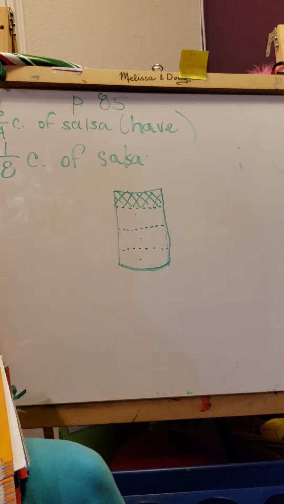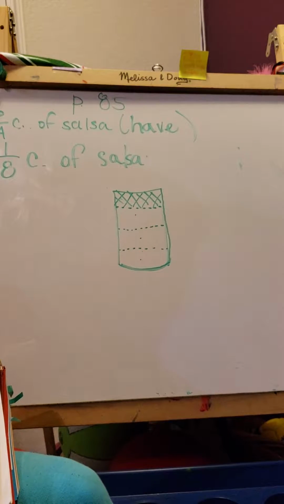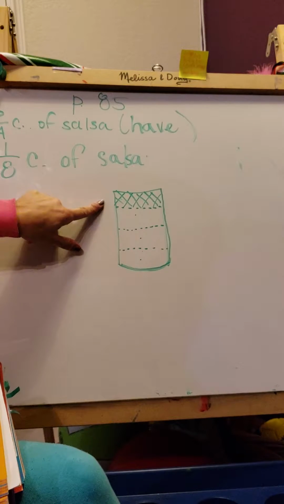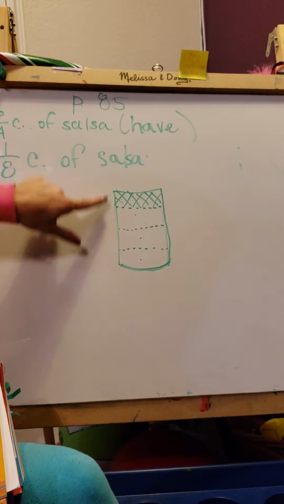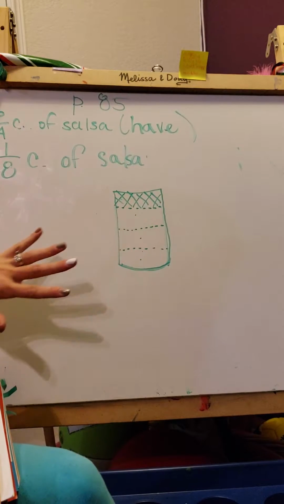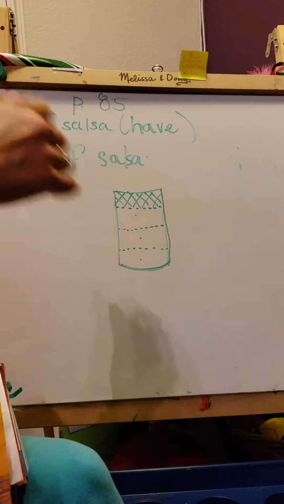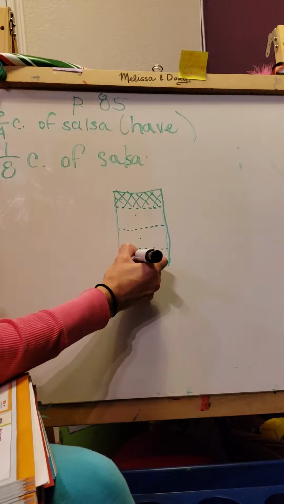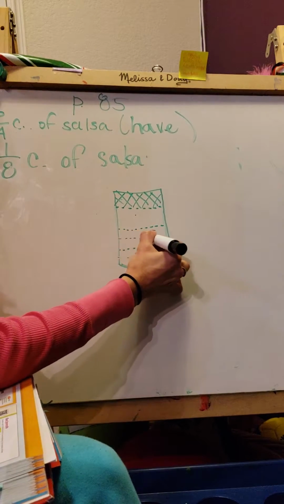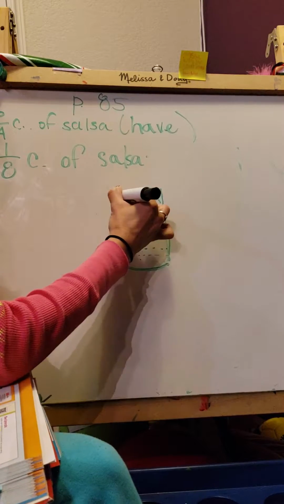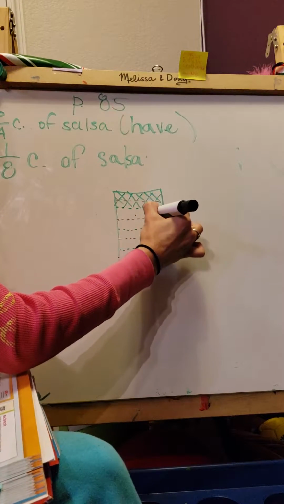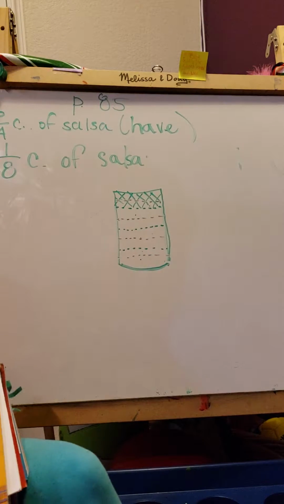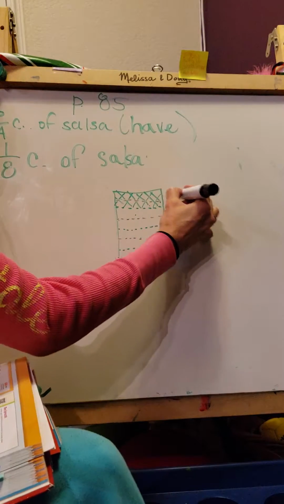And each burrito takes 1/8 of a cup of salsa, and we want to know how many burritos we can make. So we're going to take these 3/4 and now we're going to look at it as a whole, but we're going to cut the whole into 8ths this time. So I have 1, 2, 3, 4, 5, 6, 7, 8. Now I have 8ths left.